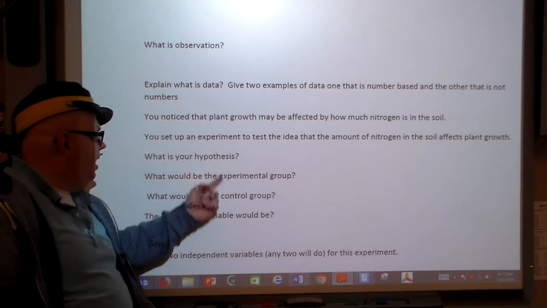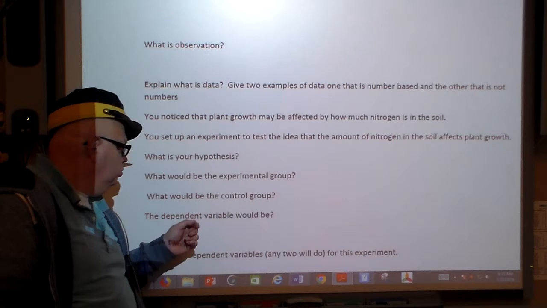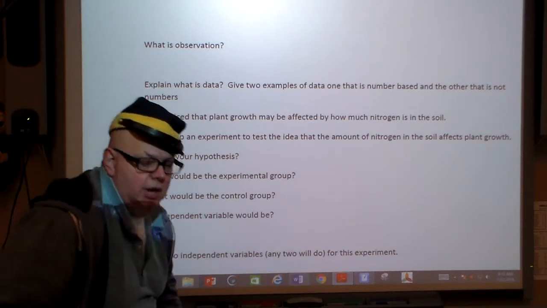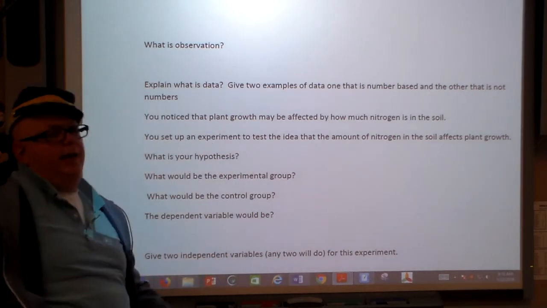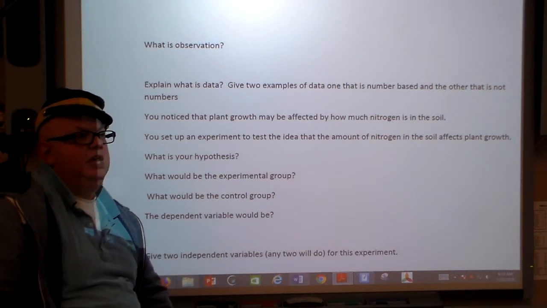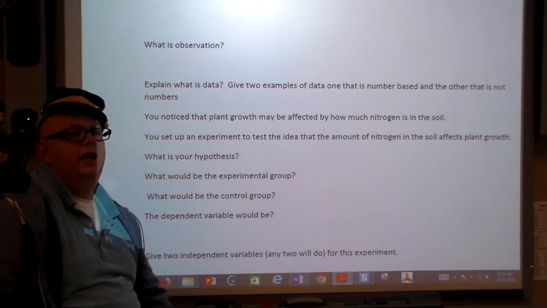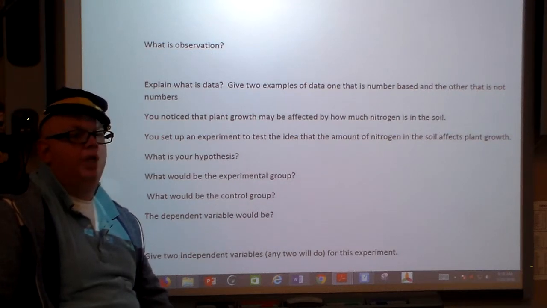So then we talk about setting up an experiment, experimental and control groups, and dependent variables. So here's the idea. You're running an experiment. You're testing to see if adding acid affects the growth of plants.